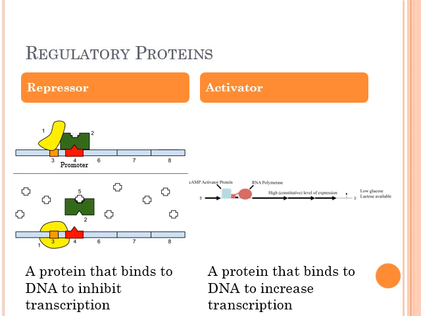Here's the polymerase. Polymerase should normally bind to the promoter and transcribe. If there's a repressor, the repressor will lay on top of the coding region, preventing the polymerase from binding. Does that make sense? If the polymerase can't bind, you can't make the gene.